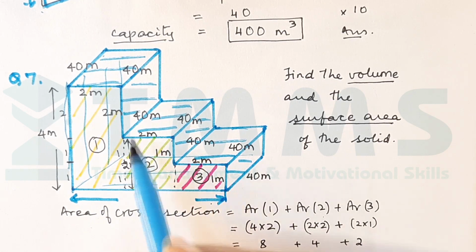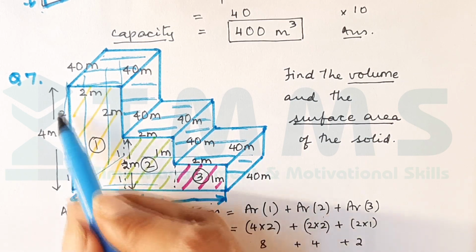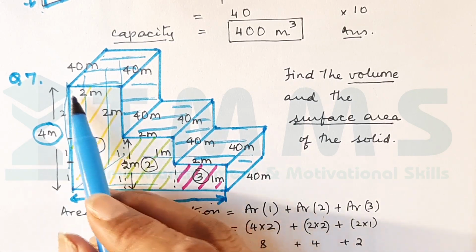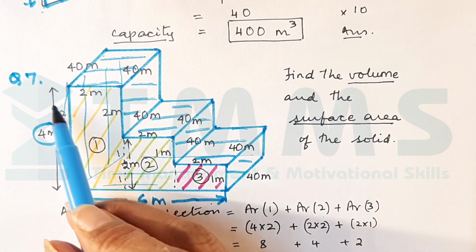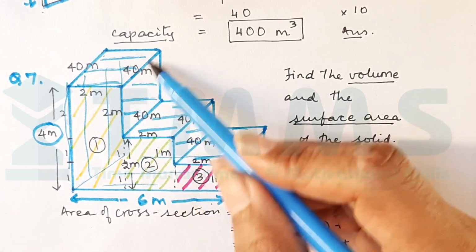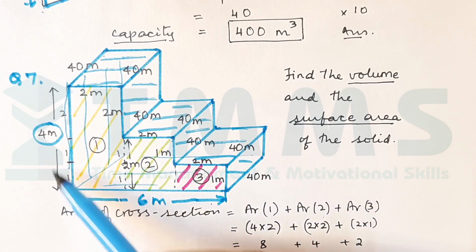How much is this? This will be 2 plus 2 plus 2, so that will be 6 meter. Plus this, which is 4 meter. Got that? So perimeter is all this you add and then multiply it by this height. So that gives us the area in blue, that is the lateral surface area.